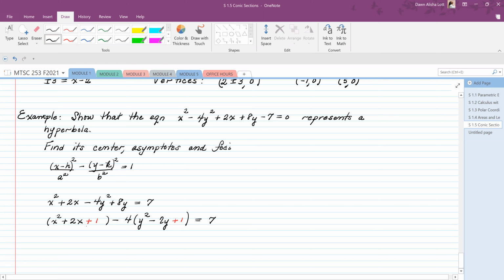Now, from this piece, I added 1, so I need to add the 1 on the other side. And from this piece, I have negative 4 times 1, so I actually subtracted off 4. So I need to add it back on.